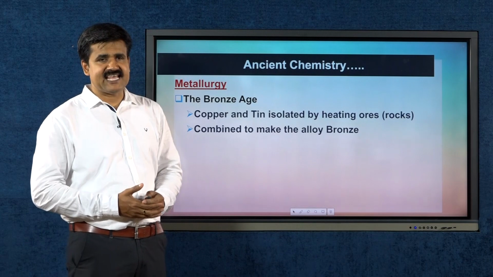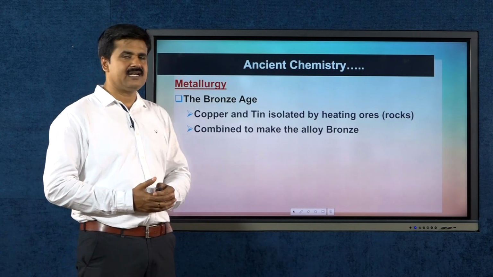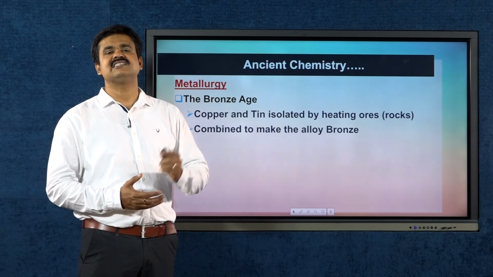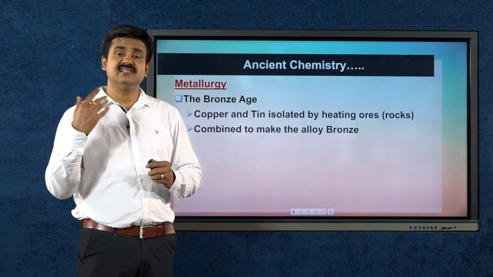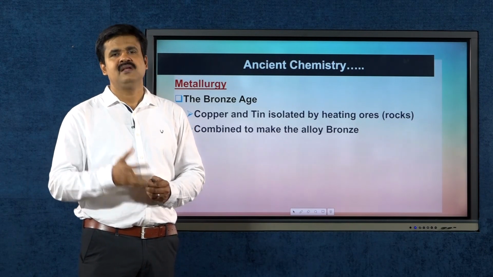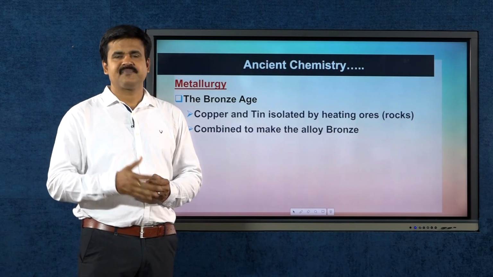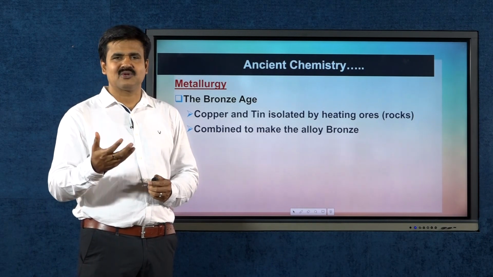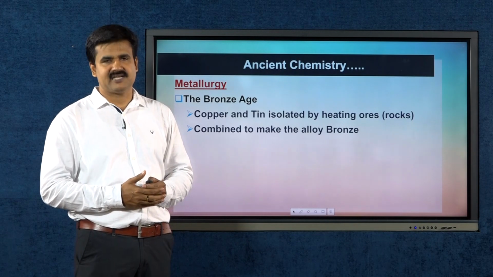In the Bronze Age, copper and tin were isolated by the people of that period, and this was obtained by heating their corresponding ores of copper and tin. The ores appeared as rocks. They heated the rocks, or simply the ores, and produced the copper and tin.